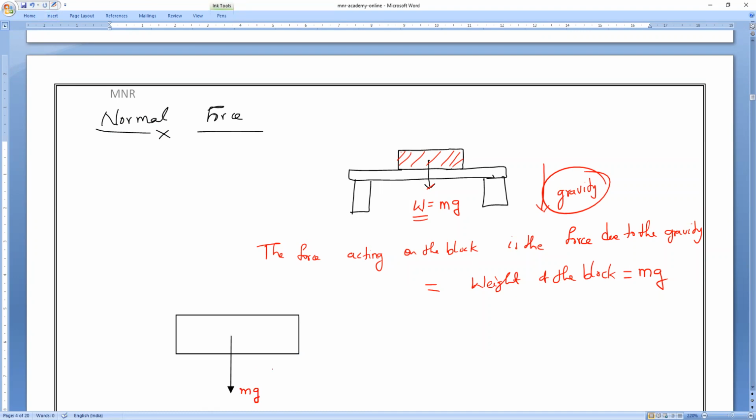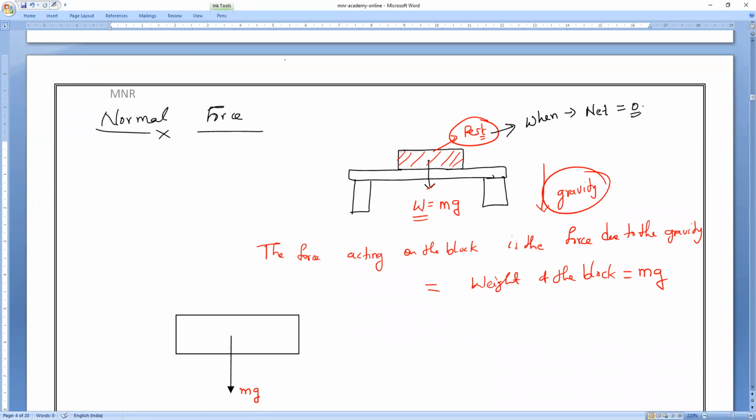Now the block is in a state of rest or a state of motion? State of rest. Okay. So the net force acting on the block must be what? When the body is in a state of rest, net force is equal to zero.